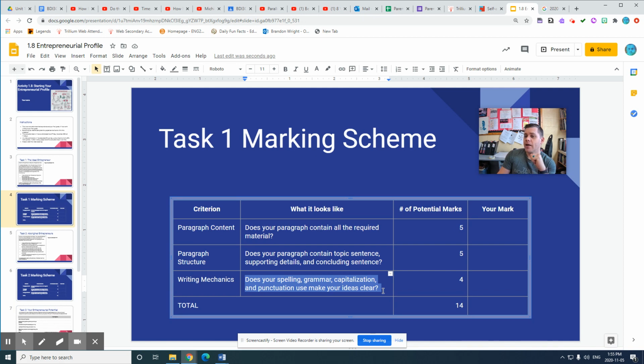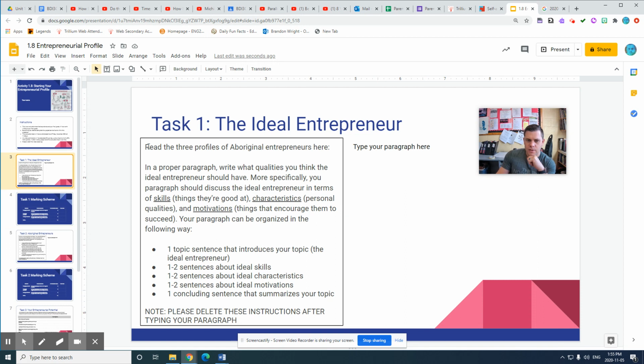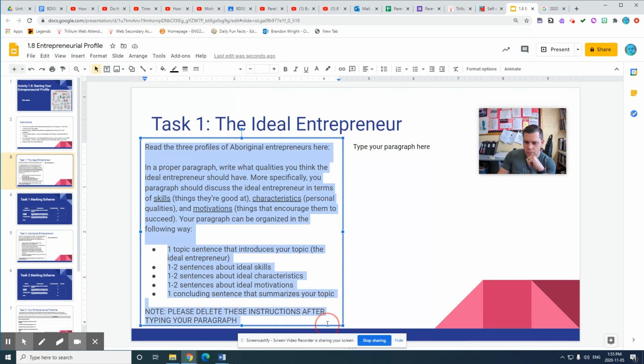In other words, can I understand what you are writing? If there are a lot of red underlines or blue underlines, meaning spelling and grammar check, that means there are a lot of errors that can be easily corrected. Notice how there are no red or blue underlines here. That means I have done spelling and grammar check on them.